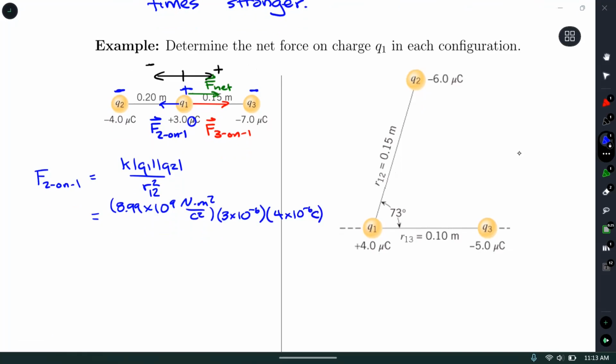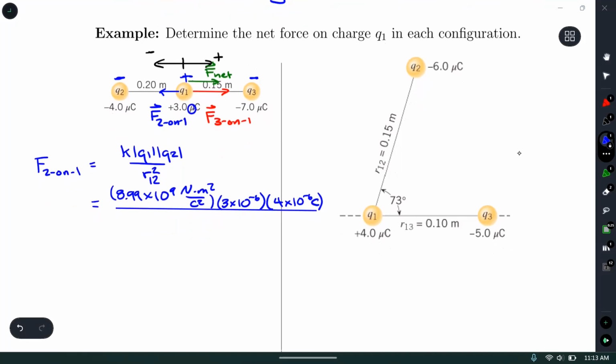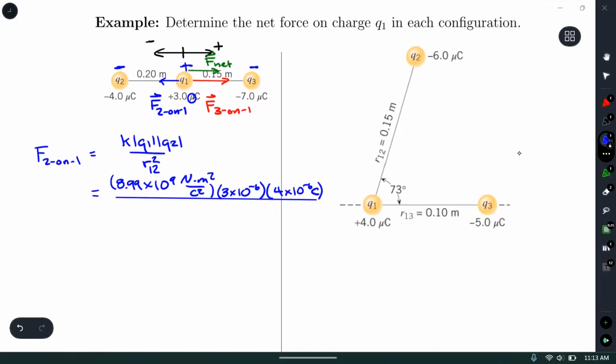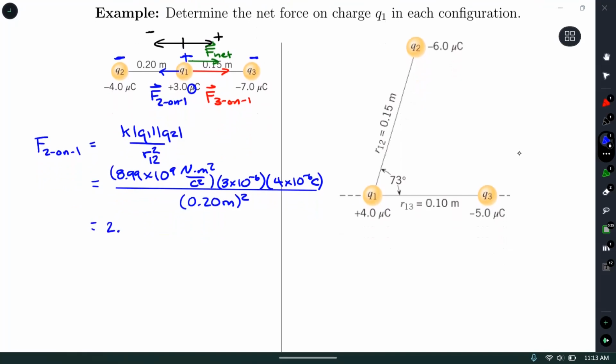Again, ignoring the negative out front. We don't care that it's a negative charge anymore because we already accounted for that with the direction of our force vector. The distance is 0.2 meters. We square that. So that'll come out to 2.7 newtons.